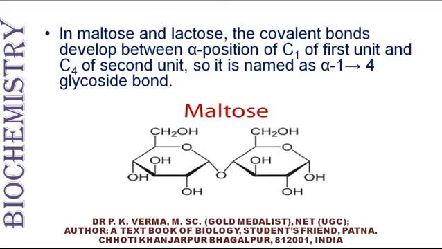In maltose and lactose, the covalent bond develops between the alpha position of carbon number 1 of the first unit and carbon number 4 of the second unit. So it is named an alpha 1,4 glycosidic bond, as shown here.